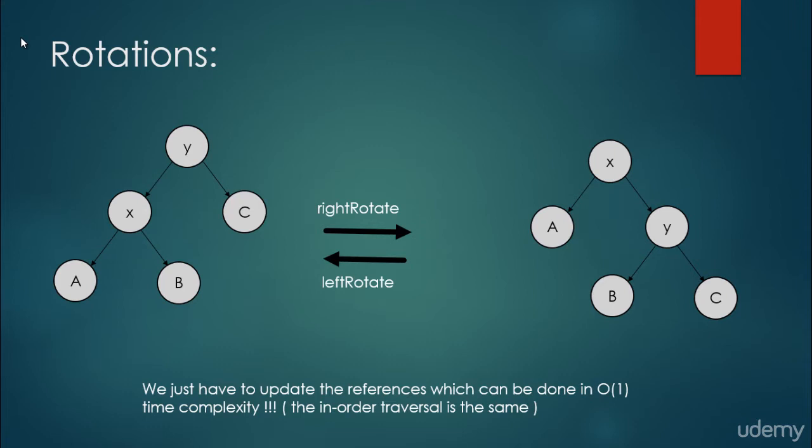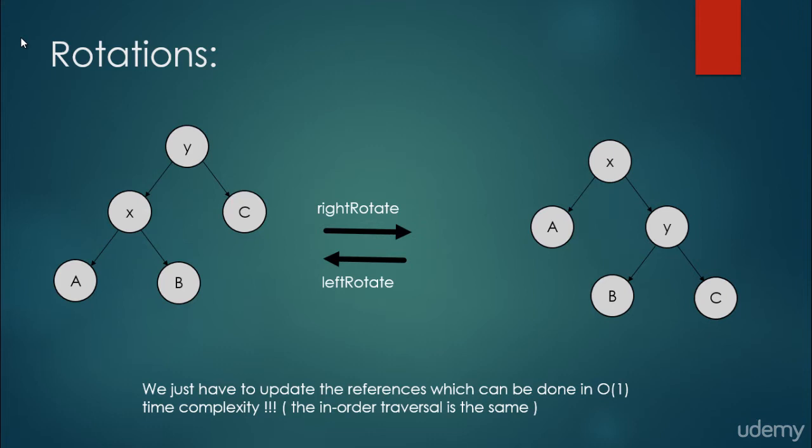And it's very important that the properties of the tree, a binary search tree or a Splay tree, are not going to change. For example, the maximum item and the minimum item are going to be the same no matter how many rotations we make. And the in-order traversal is the same.